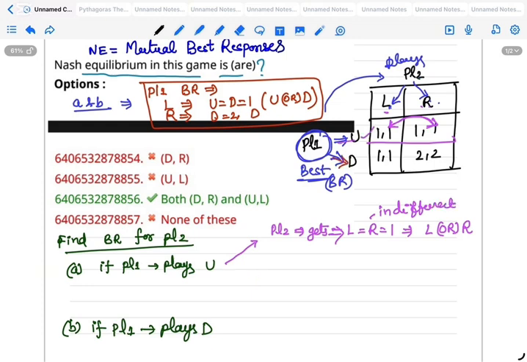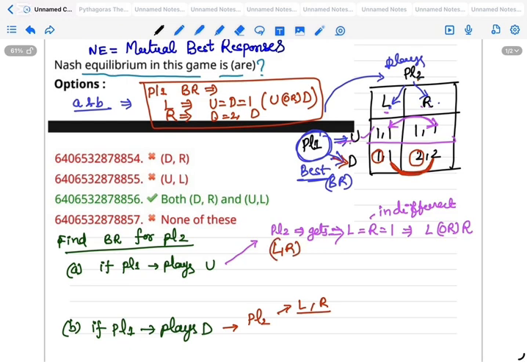If player 1 plays D, that means D equals 1 and D equals 2, so player 2 chooses L and R values.